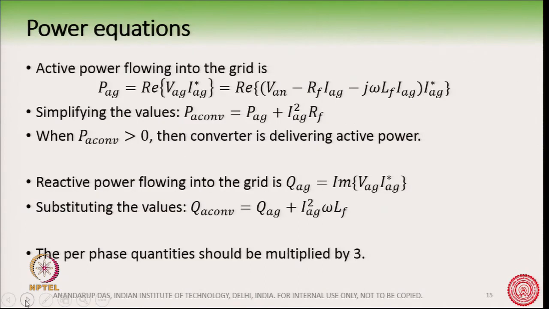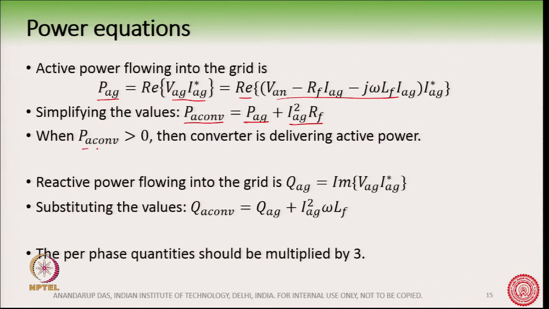Okay. So, we can write the active power flowing into the grid as something like this. PAG is the VAG into IAG star, and if you substitute the value of VAG as something like this, and simplify, you will see that the power produced by the converter is the power which is fed to the grid plus IAG square RF, the loss component in the filter resistance.